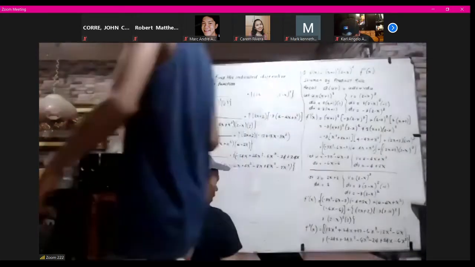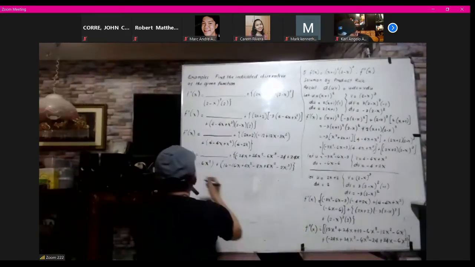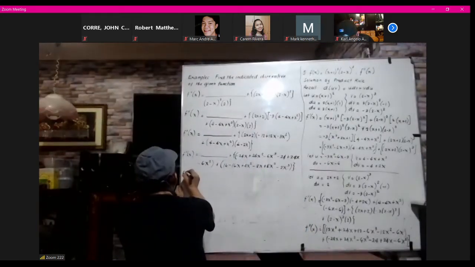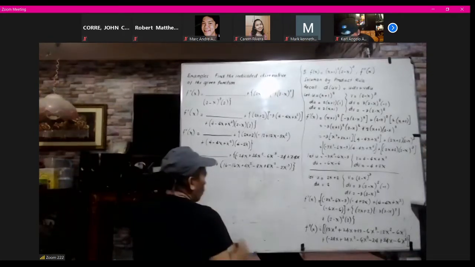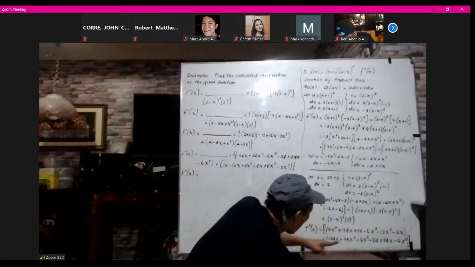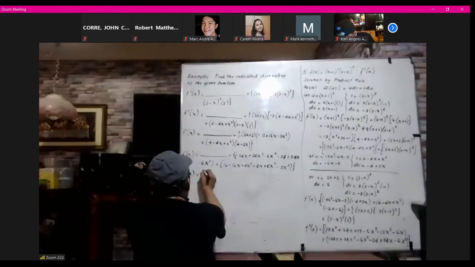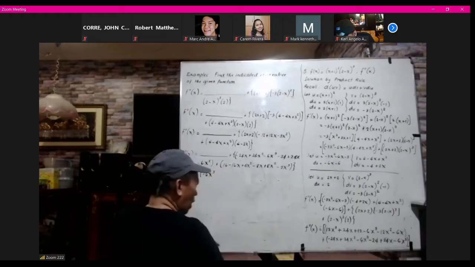So, pagsamahin na natin yung ito at saka yun. Okay. So, here, the second derivative of x is equal to, okay, tingnan natin dito yung pinakamataas, negative 6x cubed. Okay, so this one is negative 6x cubed. So, tanggal na ito.